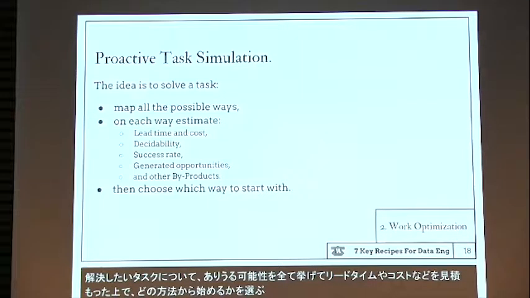Then for each way, we estimate certain metrics, such as the estimated lead time and cost, the decidability, so whether this is a way we know and have experimented with before, the success rate, whether this has a high chance of failure or not, and also the generated opportunities, which are byproducts. Doing that, you're able to map out your problem several steps ahead.